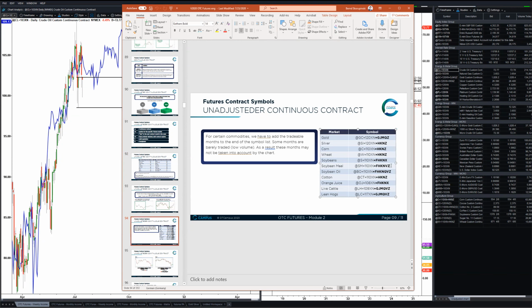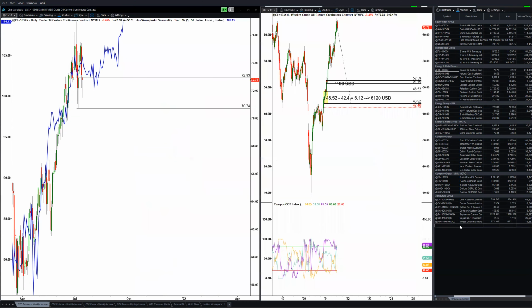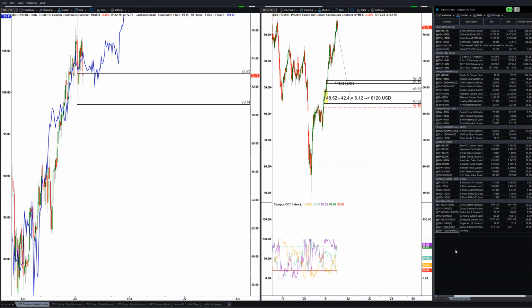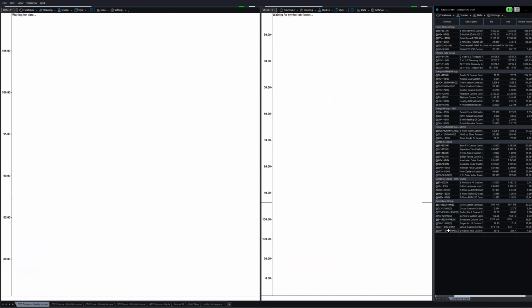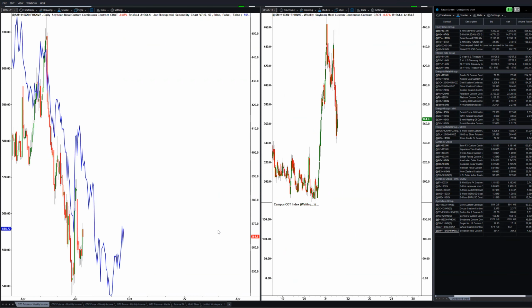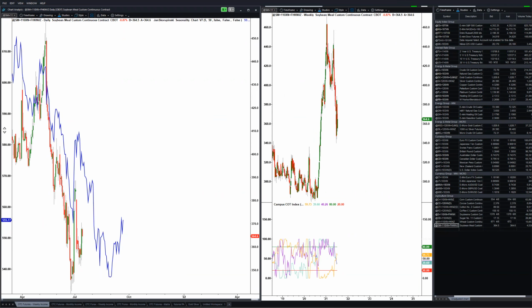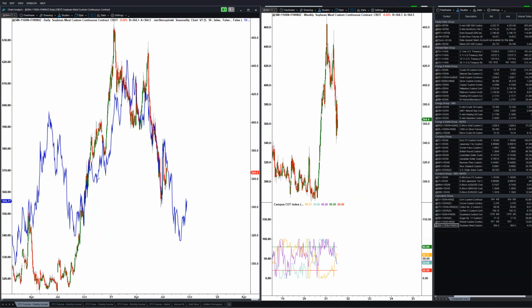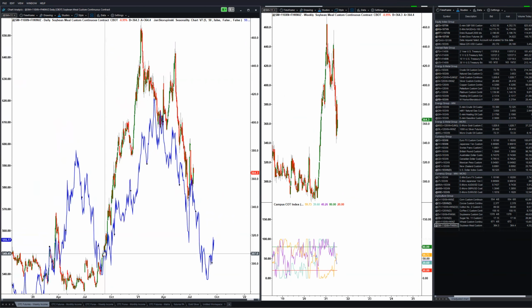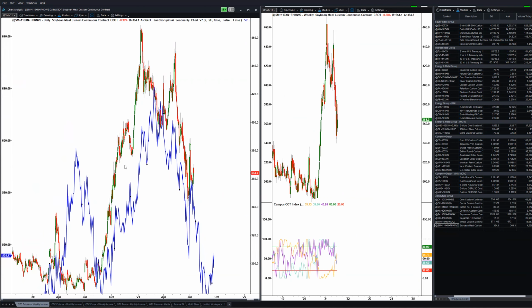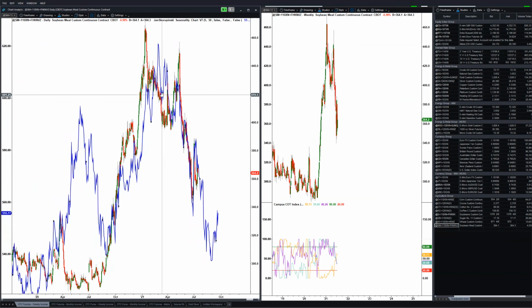So can I just copy the soybean meal and paste it here? Perfect. And look at this. Nicely seasonal. You see that?